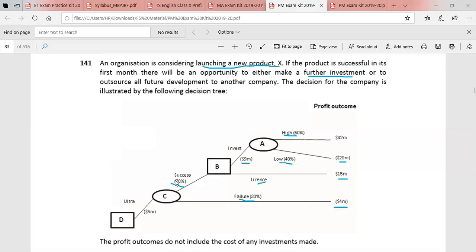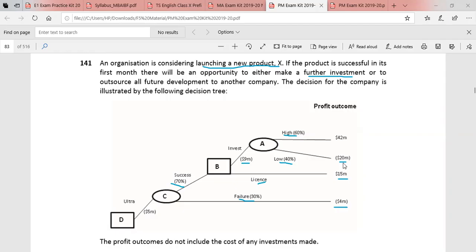Then the success opens up alternatives of either investing further or going in for licensing. Licensing will generate a revenue of 15 million. Further investment requires a cash outflow of 9 million. After the investment is made, there is a high chance that it would be successful, which is 42 million, and a low chance that it will incur a loss of 20 million.